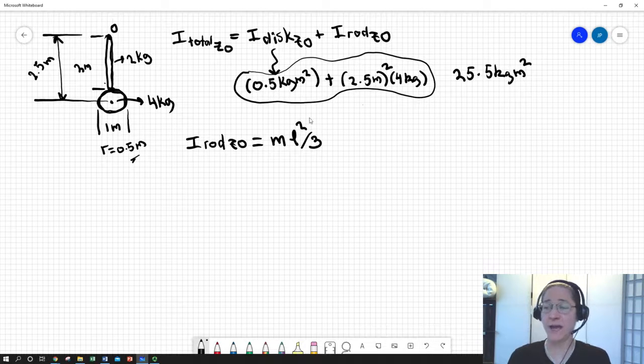Again, if we had only an expression for the rod about its center of mass, we could use the parallel axis theorem and just move that with the r squared in this case being 1 meter. But as we have a formula directly, again, handbook formula, we can use an L of 2 meters. So the mass of the rod was 2 kilograms.